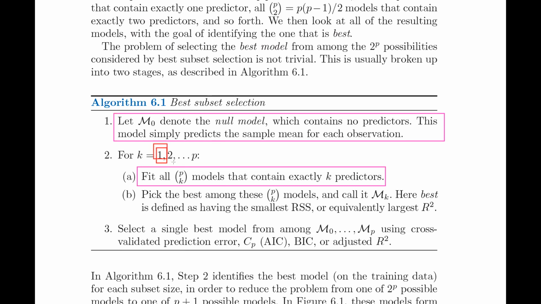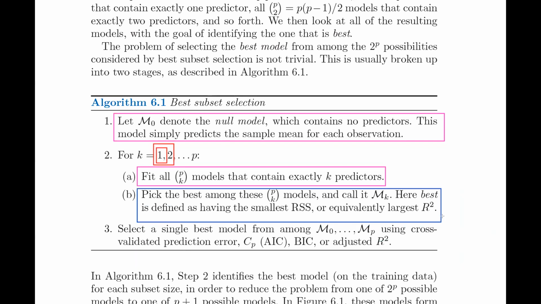When k is 2, you'll take each of the P choose 2 models with 2 of the predictors, the first 2, the second and the third, the last 2, the first and the last. And you compare models. Initially, you compare models with the same number of predictors.